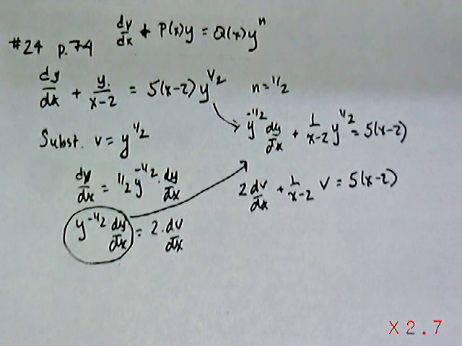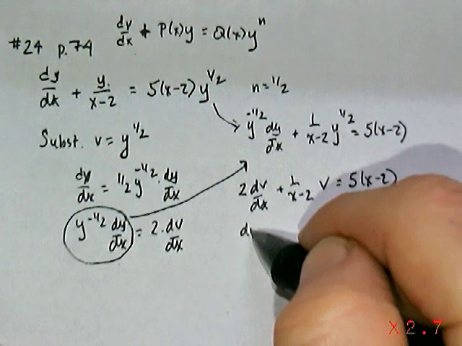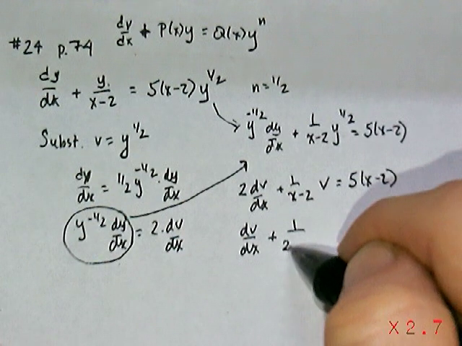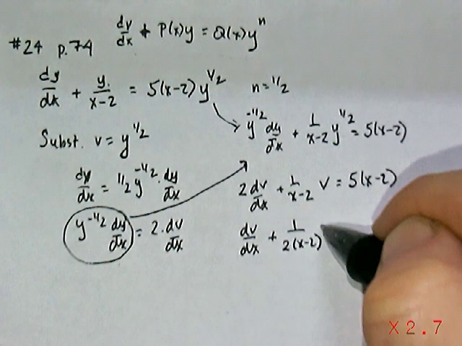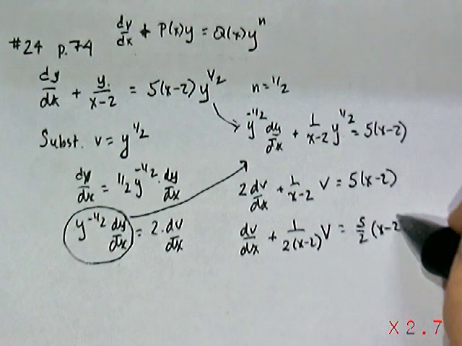So if we divide through by 2, what we get is dv/dx plus 1 over the quantity 2 times x minus 2 times v is equal to 5/2 times x minus 2.